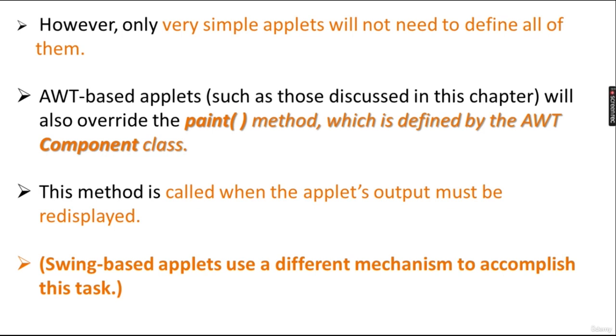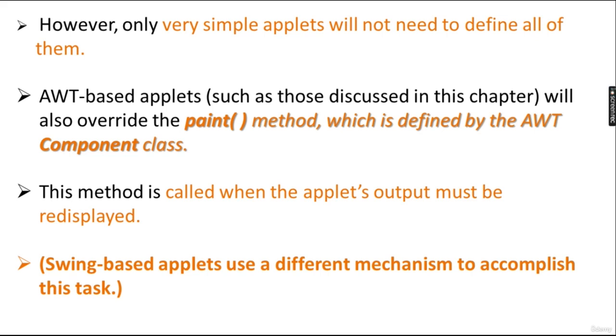Next time when you minimize the front window, that is Eclipse, the applet will be in the foreground again, so its window should be painted again. So the button will be painted again, the radio button will be painted again, the checkboxes will be painted again, and so on. For that purpose, it is compulsory to override the paint method in an AWT-based applet.